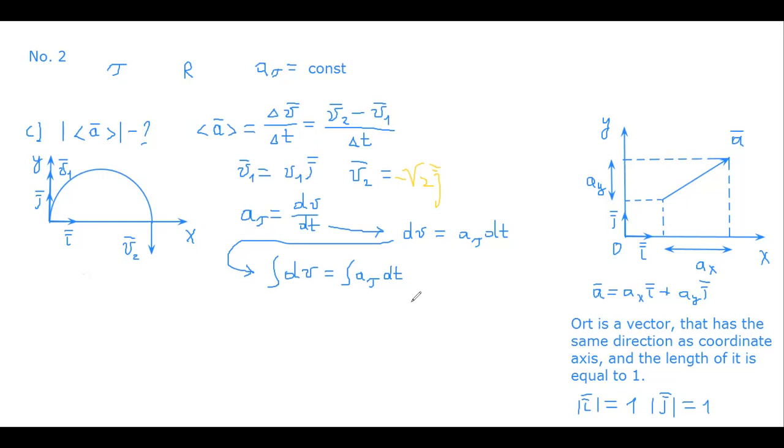So let's set it with value 0. Initial time will be 0, but initial velocity is written here. Initial velocity is equal to v1.